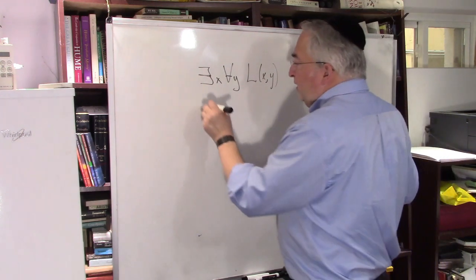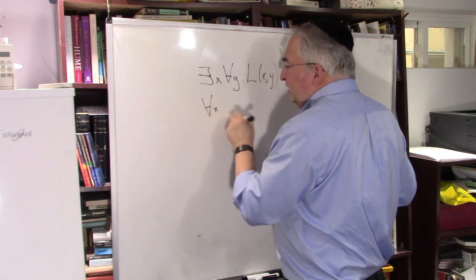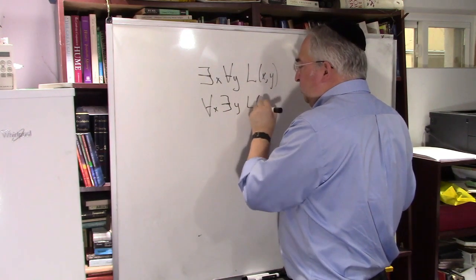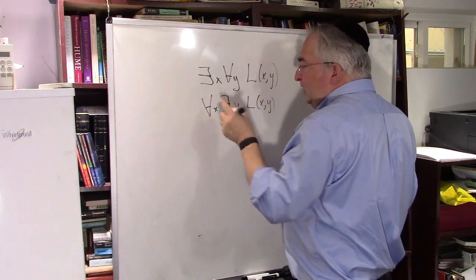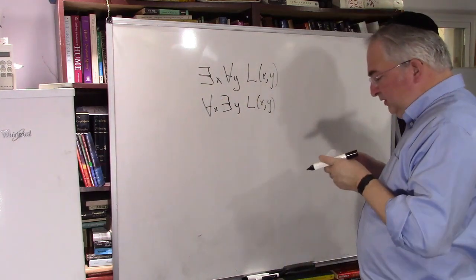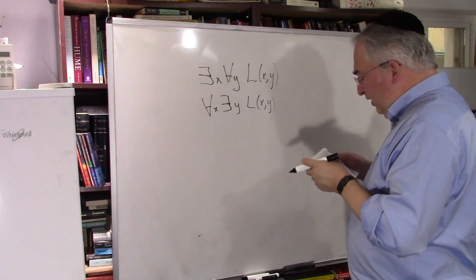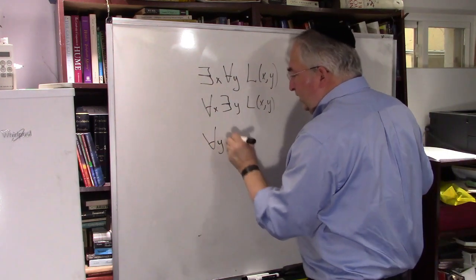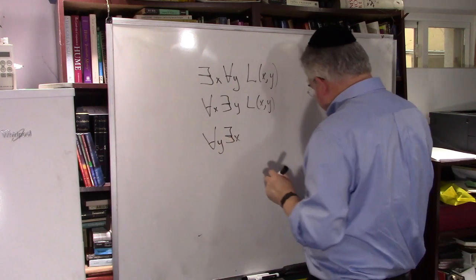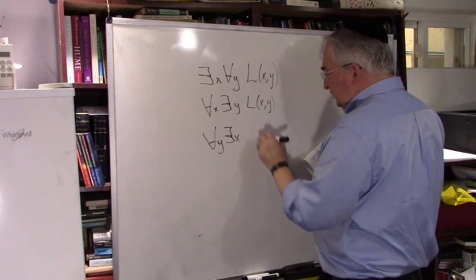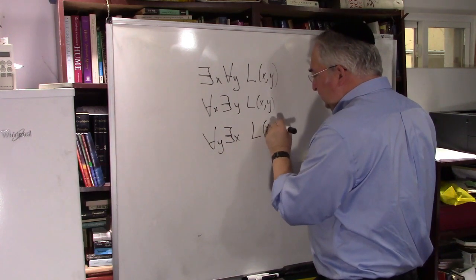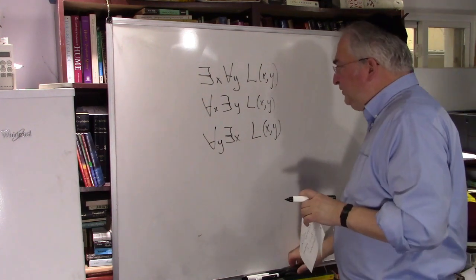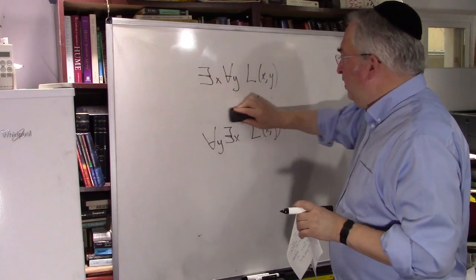How about this? We did this for all X. For all X there exists a Y. Every person loves somebody. I said, everybody loves their mother. How about this? For all Y, there exists an X such that L(X,Y). I'll erase this because we dealt with it before.